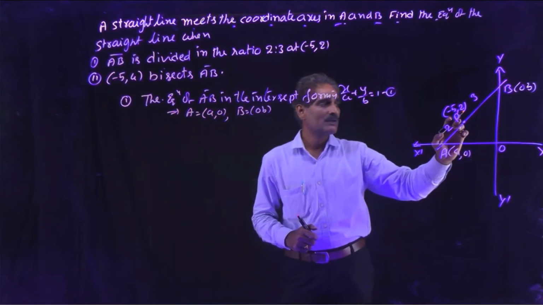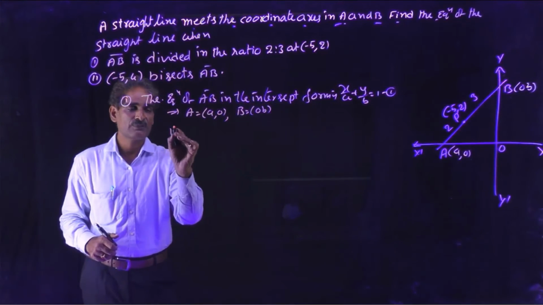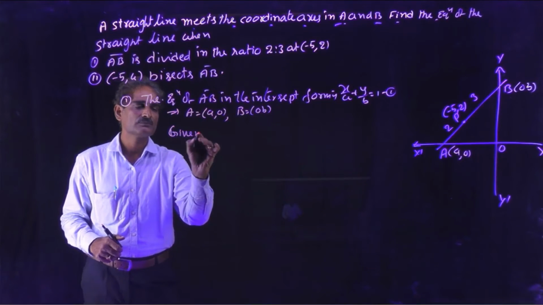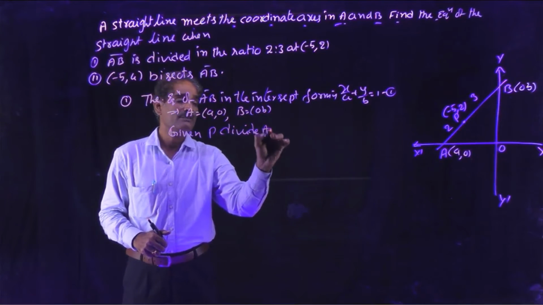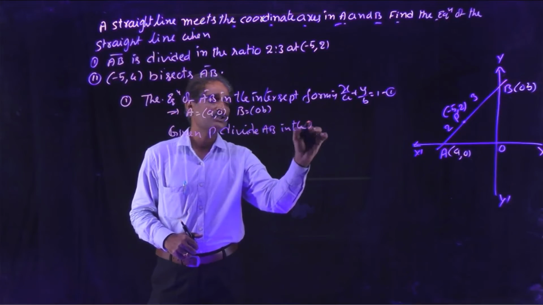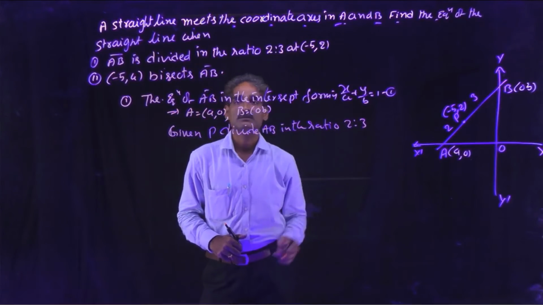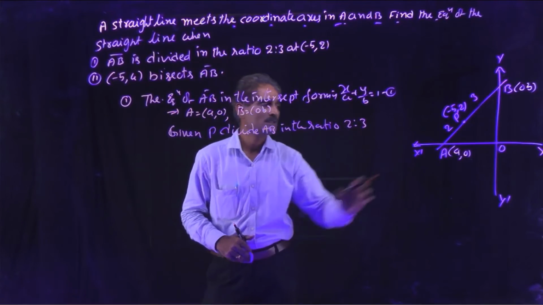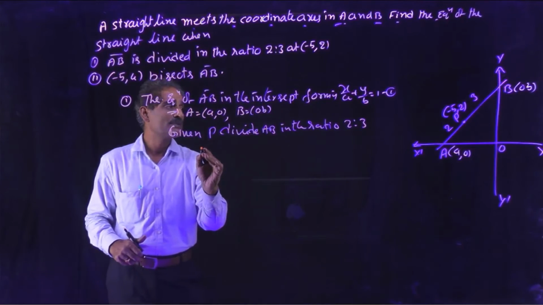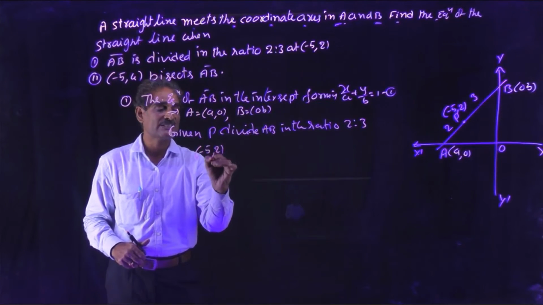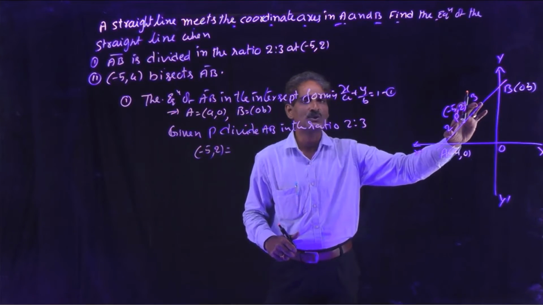Given that P divides AB in the ratio 2:3, apply the section formula for these two points and equate to this one. Therefore P, that means (-5, 2), is equal to: just apply the section formula for these two points, the ratio is 2:3.